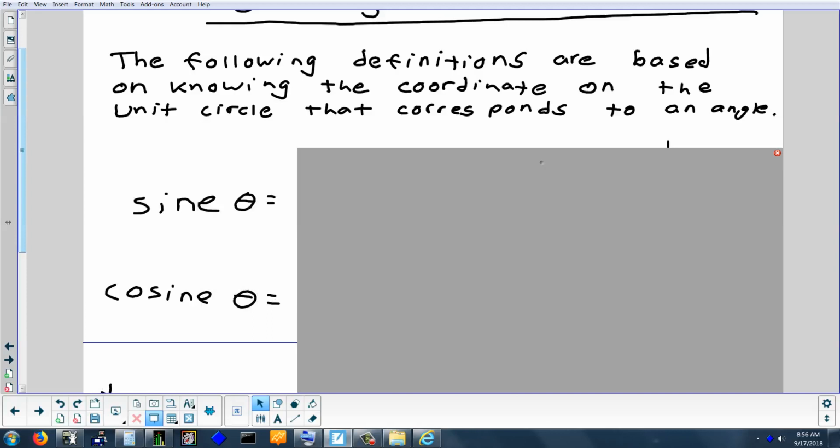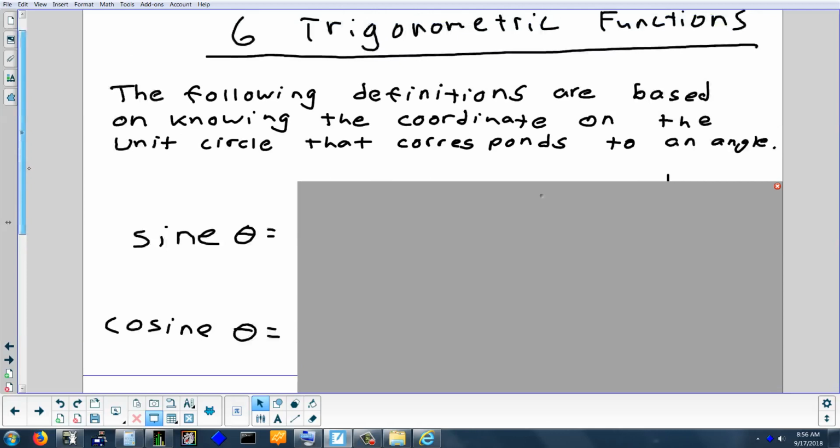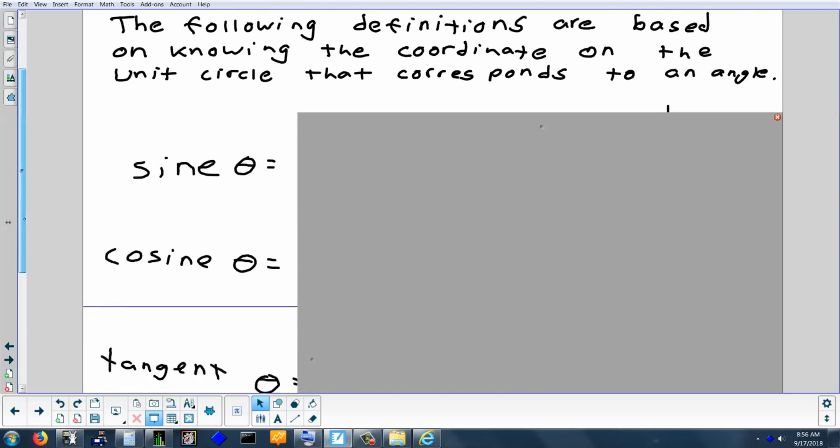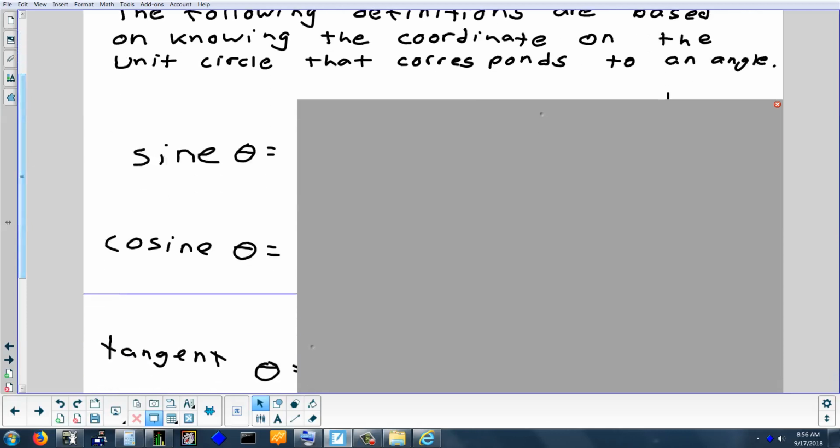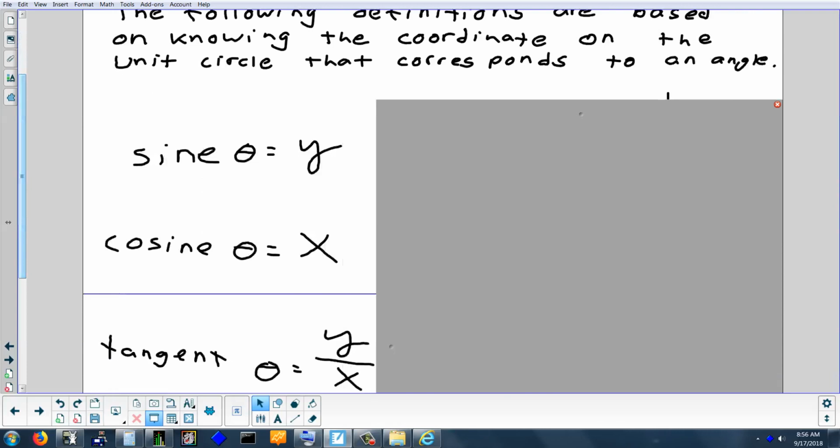So this is the first time we've seen the trig functions in this class. As I said earlier, if you've done SOHCAHTOA, you've seen these before. Let's look at them.